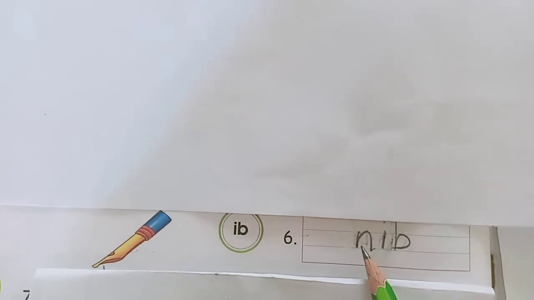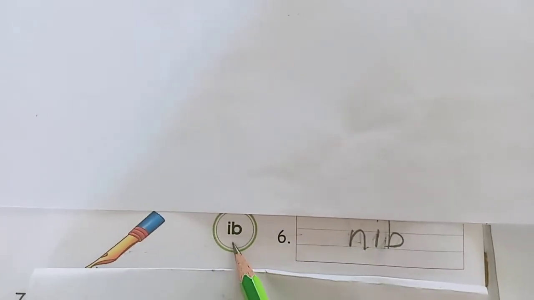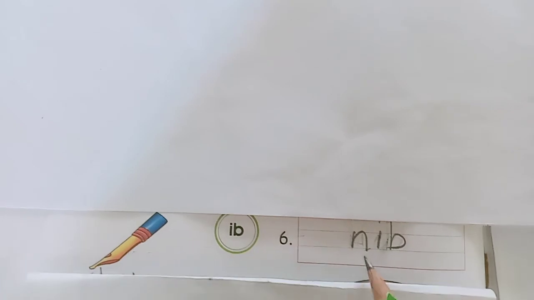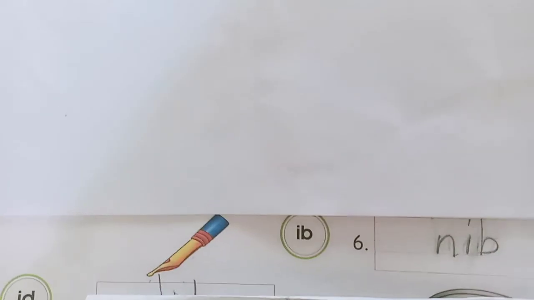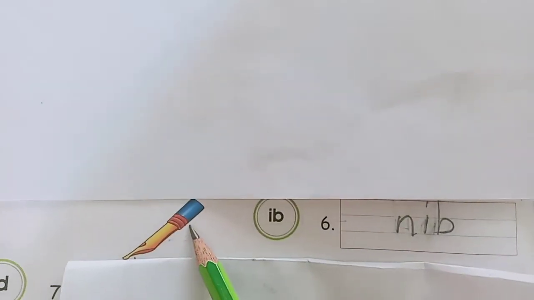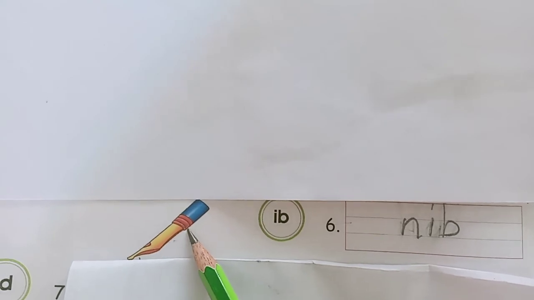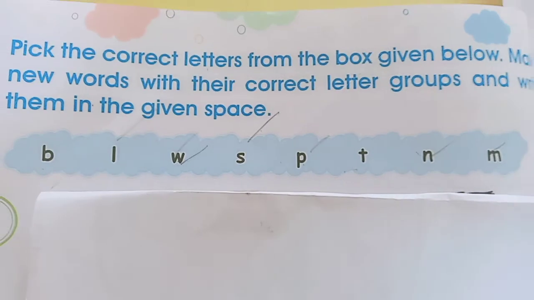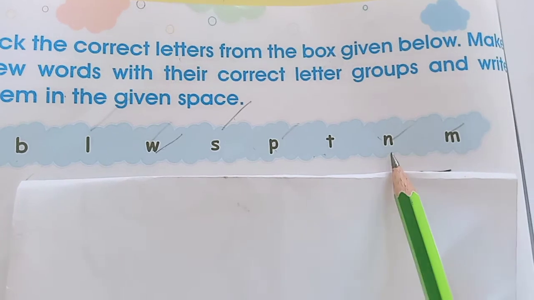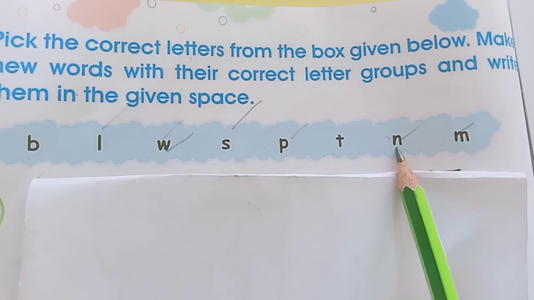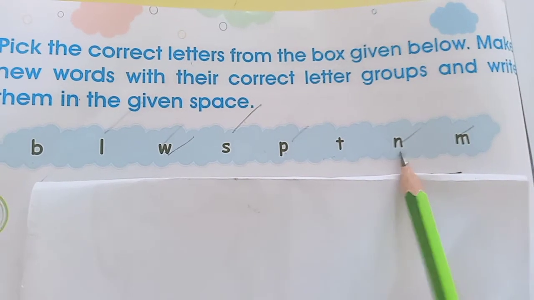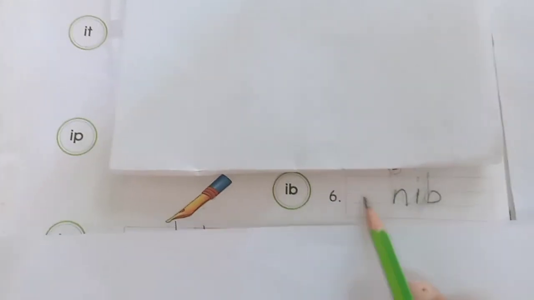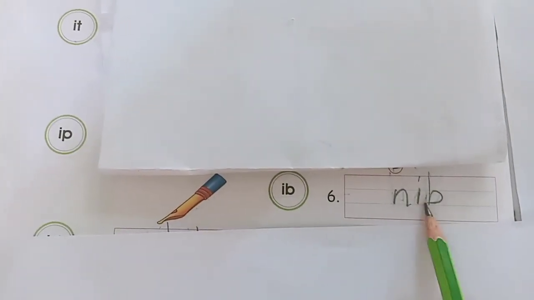So, add N. Which word will we get? NIB. Yes, dear kids, now identify this picture. This is nib. Okay. We will select N from here and you have to write the spelling of NIB, nib here.